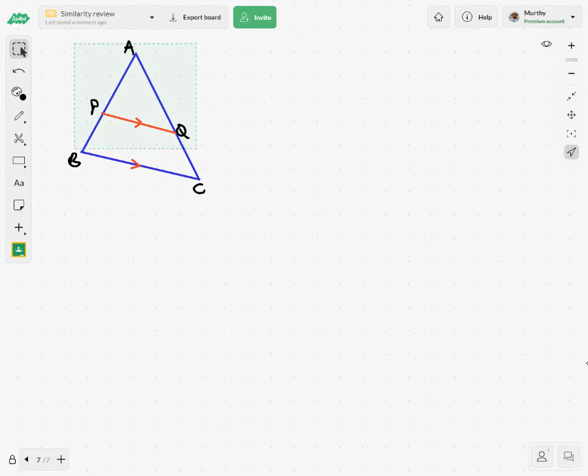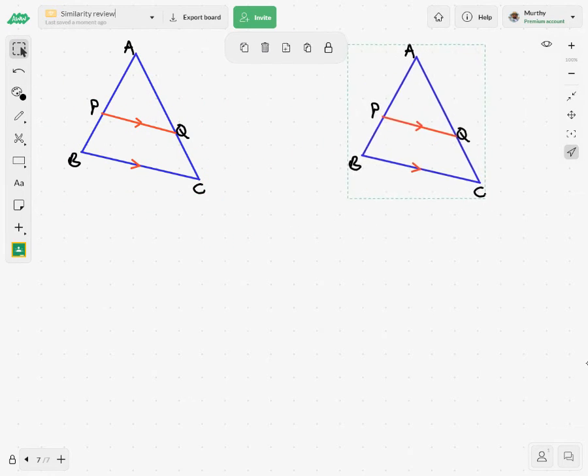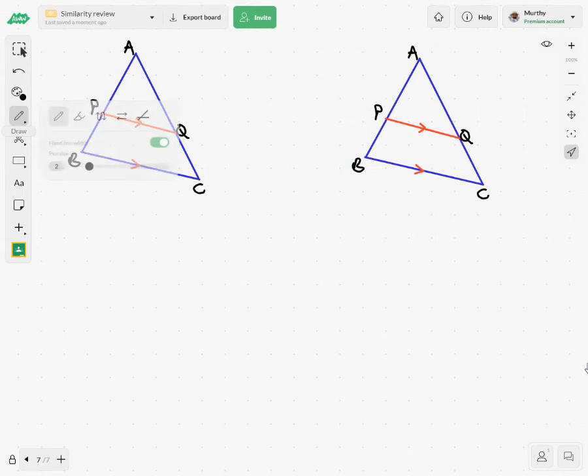Let me duplicate this diagram. The same diagram I copied, but I'm going to give two different questions. These two are different questions. Let's say AP is 6 units, PB is 5 units, QC is 6 units.